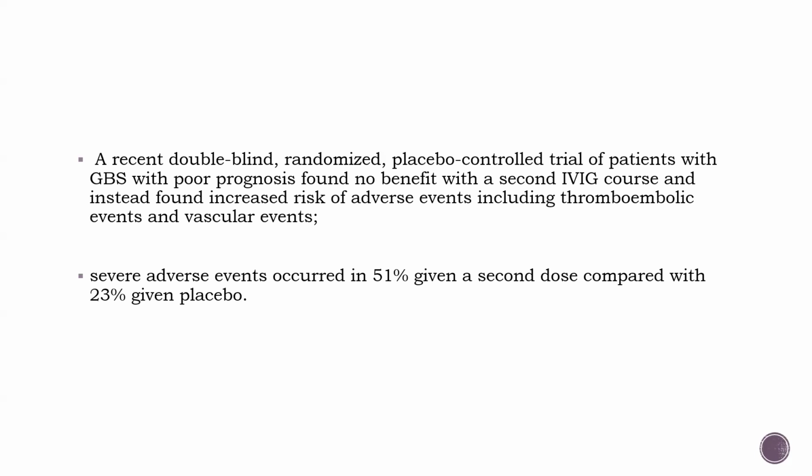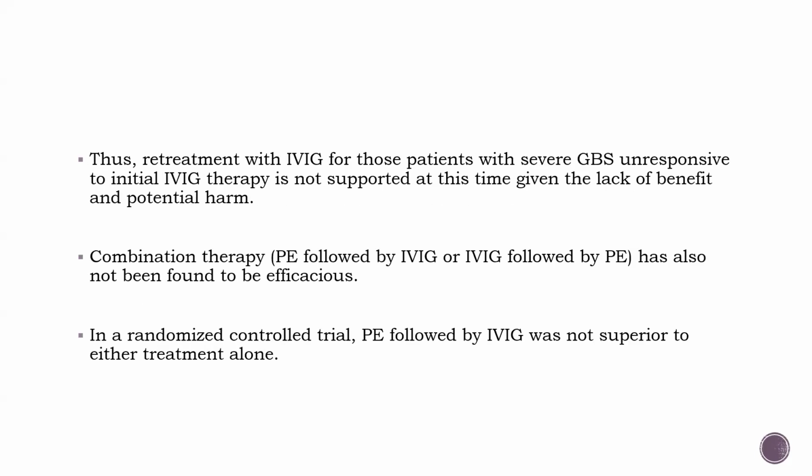Severe adverse events occurred in 51% given the second dose compared to 23% given placebo. Thus, retreatment with IVIG for those patients with severe GBS unresponsive to initial IVIG therapy is not supported at this time given the lack of benefit and potential harm.